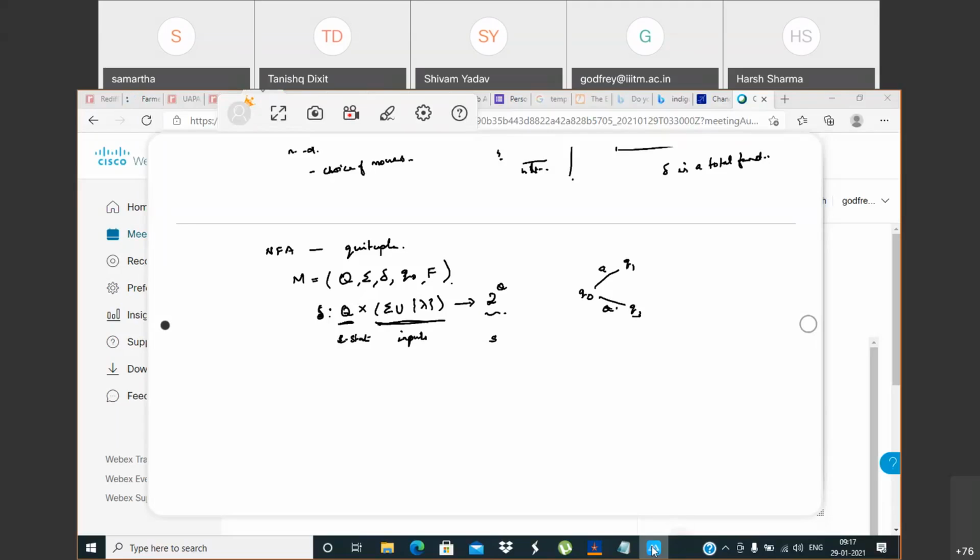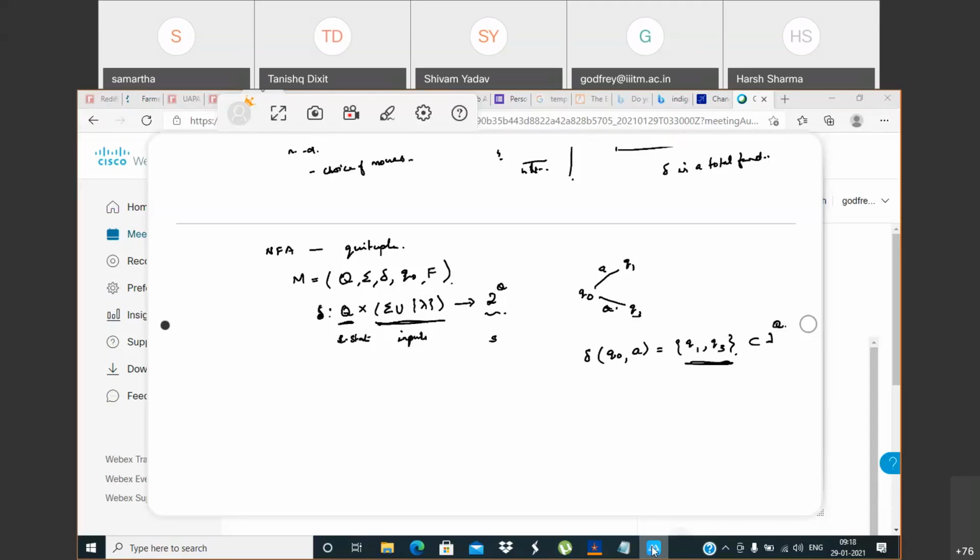Now, how do you define it? You define delta of Q0 on input A as going to {Q1, Q3}. This is going to be a subset of the power set of Q. That's how you define the non-deterministic automaton.